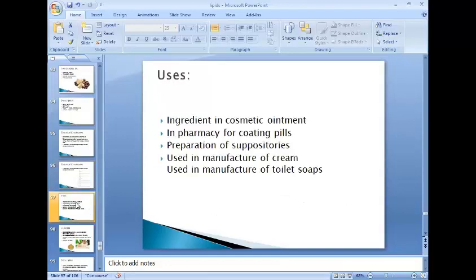It is used as an ingredient in cosmetic ointment, and it is also used for coating pills and the preparation of suppositories. It is also used for cosmetic products, for preparation of cream, and for preparation of soap.